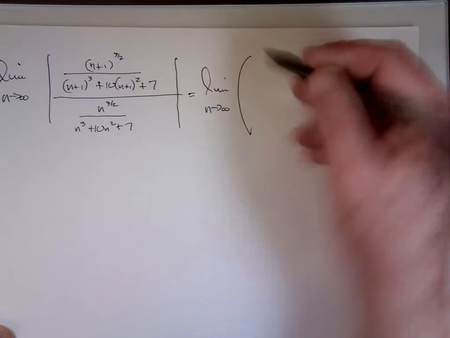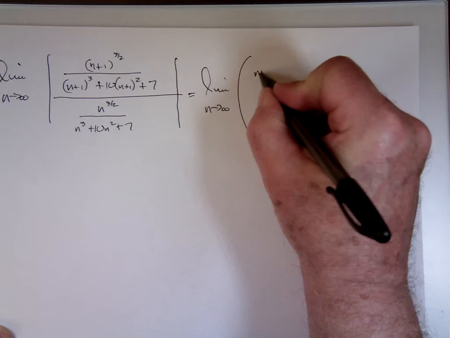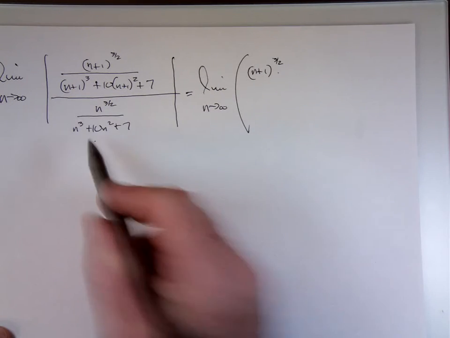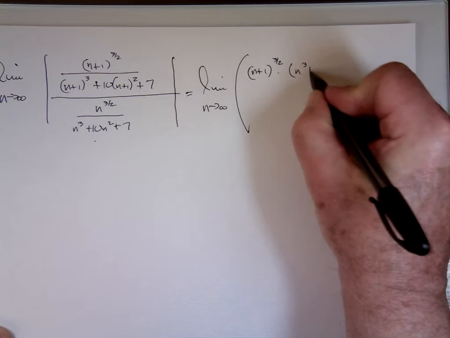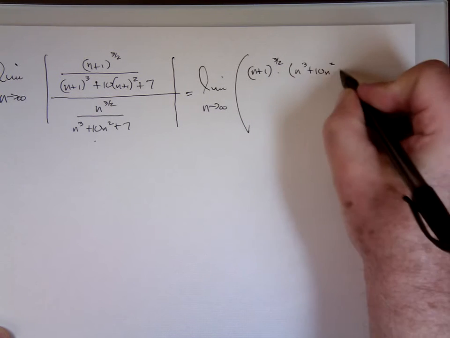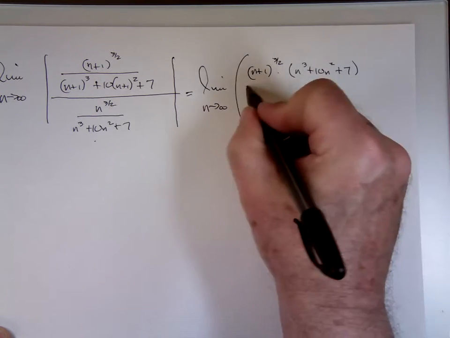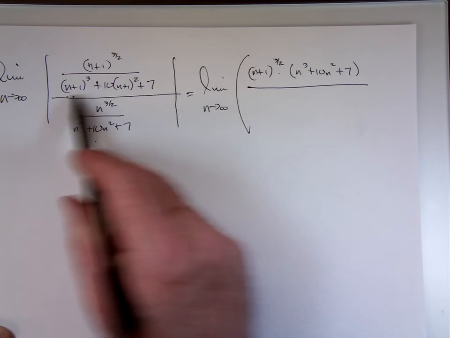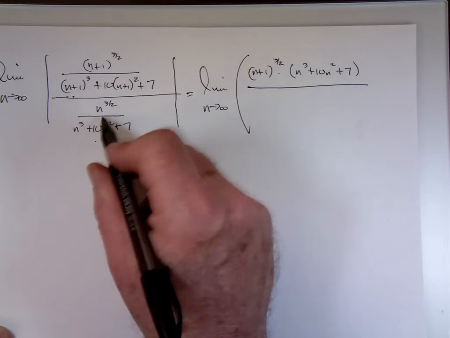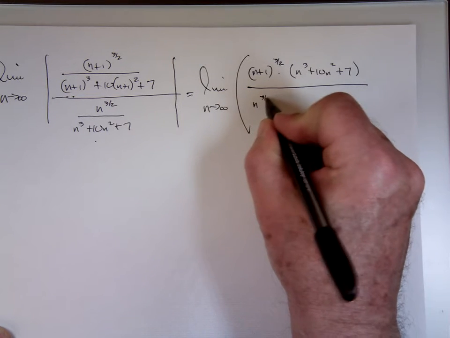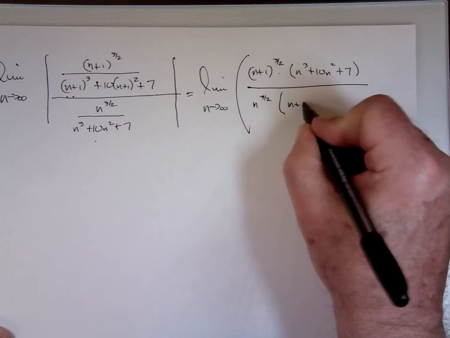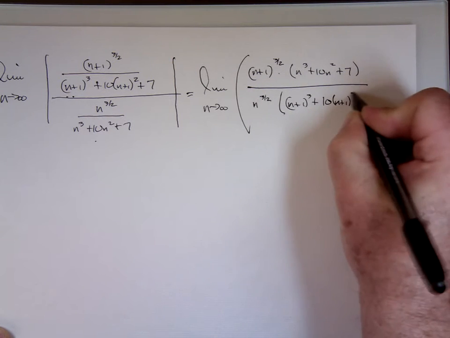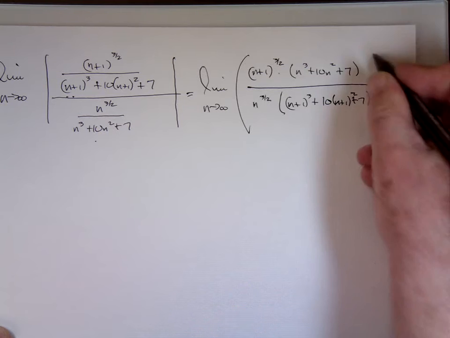I have (n plus 1) to the 3 halves over n to the 3 halves, and the other factor with the cubic polynomials in the denominators. Now, watch this.